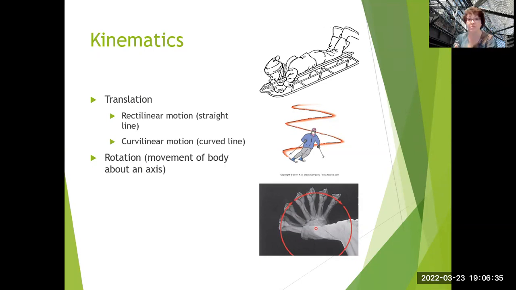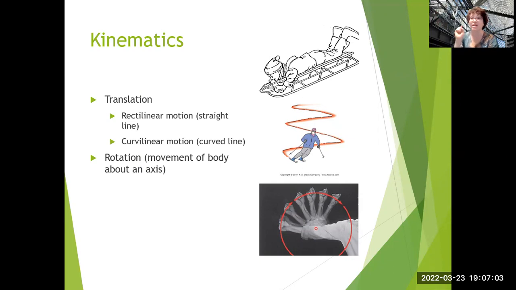There are two different types of translation. Rectilinear motion is moving in a straight line. That's the kid on the slide going straight down the fall line. Curvilinear motion is moving in a curved line. That's the skier going down the hill, controlling their speed with that curvilinear motion. A lot of sports motions tend to be curvilinear, like throwing a ball, hitting a ball.